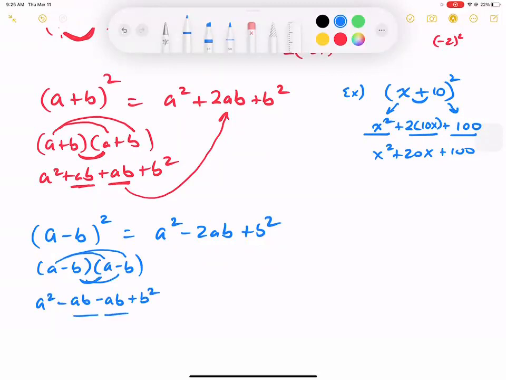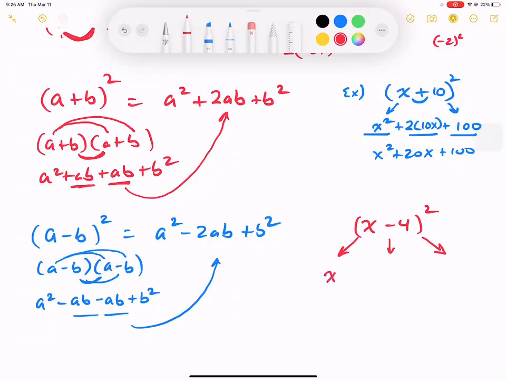Let's see you guys do this problem. If I give you guys the problem now, x minus 4 squared. Following this pattern here, we square the front, we square the back, and we double the middle.